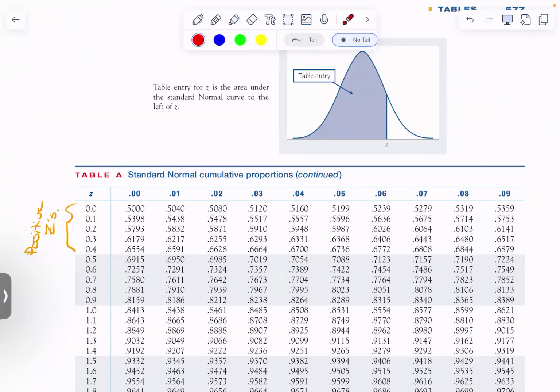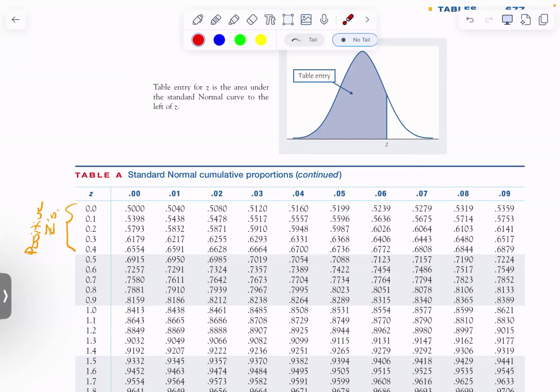Remembering that we get a negative Z if we're below the mean, and we get a positive value for Z if we're above the mean, right? If you have a Z of 0, what do you expect the area to the left to be? It's symmetric about the mean, and the total area is 1, so I'm going to go with 0.5.